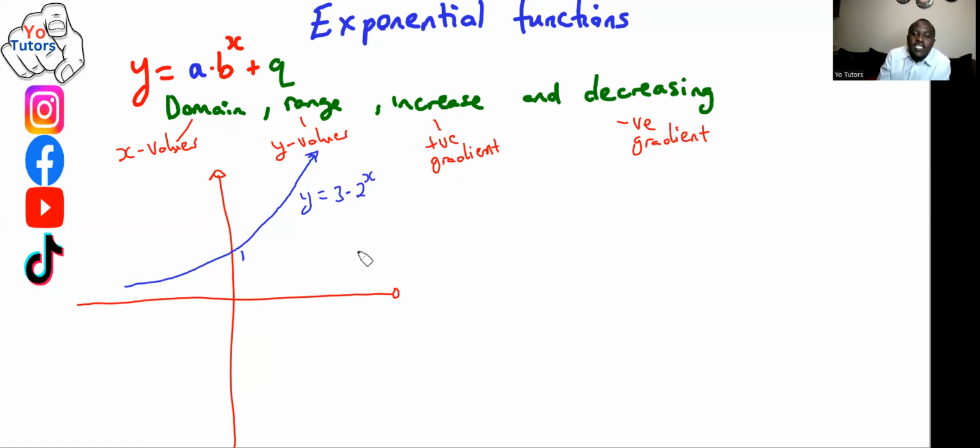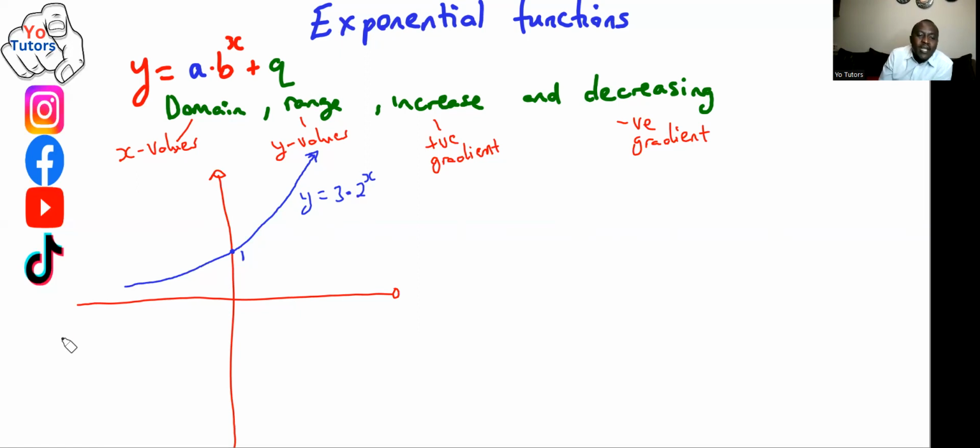The value 3 there, you don't need to worry about it, because it's just the stretch. In this case, we are more worried about the shape of the graph. Whenever the a becomes negative, that's where you need to worry. Otherwise, the magnitude of a does not matter, since you'll be drawing one graph at a time.